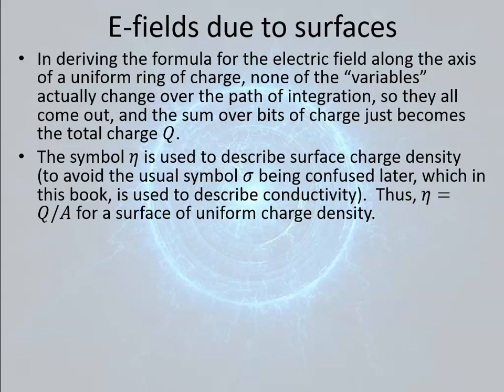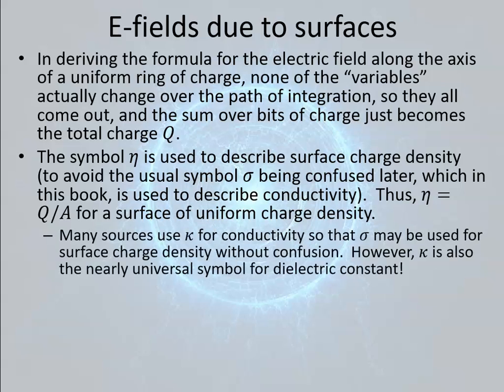Now, the symbol for surface charge density that we are going to use is the lowercase Greek letter eta. I think that's a good symbol because most people use the lowercase Greek letter sigma for this, but sigma is also the symbol that's typically used for conductivity. And some sources use kappa for conductivity, but kappa is basically the universal symbol for the dielectric constant.